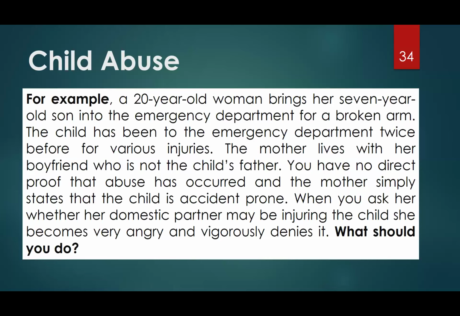You have no direct proof that abuse has occurred, and the mother simply states that the child is accident prone. When you ask her whether her domestic partner may be injuring the child, she becomes very angry and denies it. What should you do? Should you report or not? Yes, report, or no, don't report.